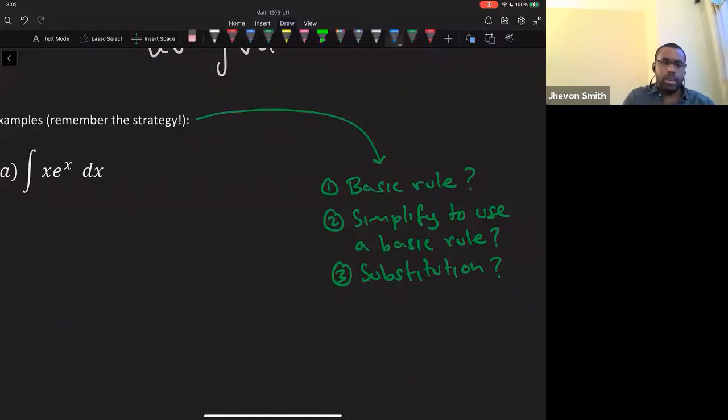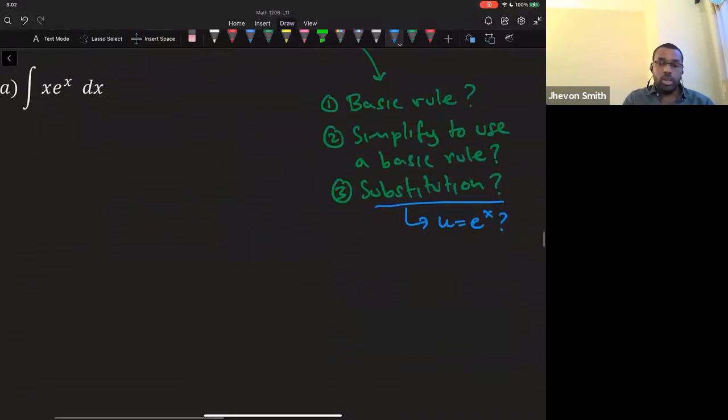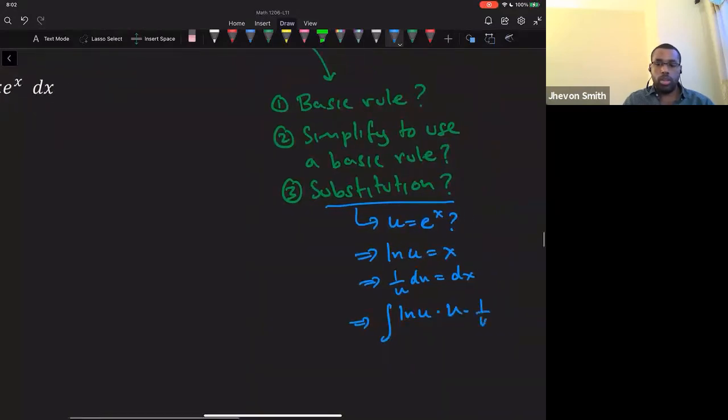Substitution, you might think, so maybe u equals e to the x would be a substitution, in which case you could get that ln of u equals x. So this means that 1 over u du is equal to dx. And so you would have to actually integrate ln u times e to the x times dx, which is 1 over u du.